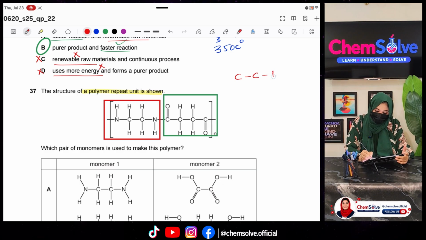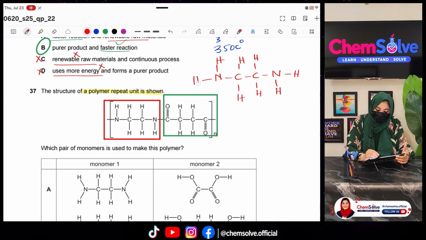C, C, N, another N, H. Clearly there should be another H in order to make this group an amine group. So this is basically a diamine.